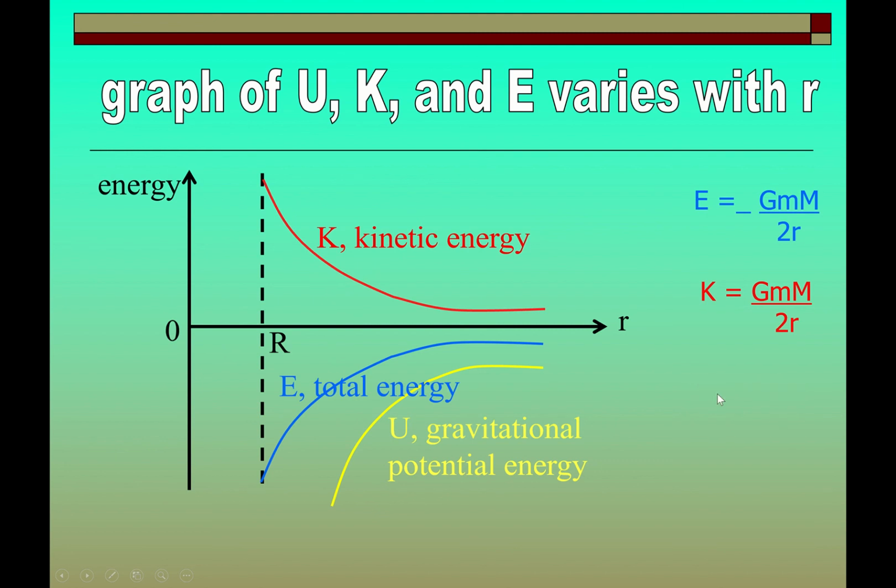Then for the gravitational potential energy, which equals negative GMm per r, because of the negative, we sketch it on the negative side. Also it is of decreasing value, because U is inversely proportional to r. So we draw the graph lower than E, the total energy.